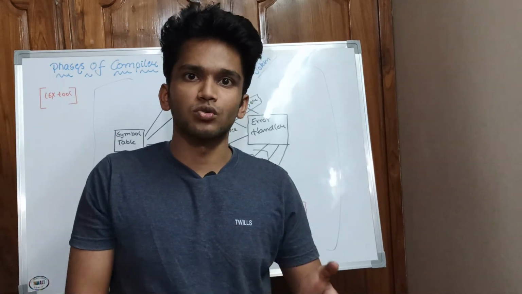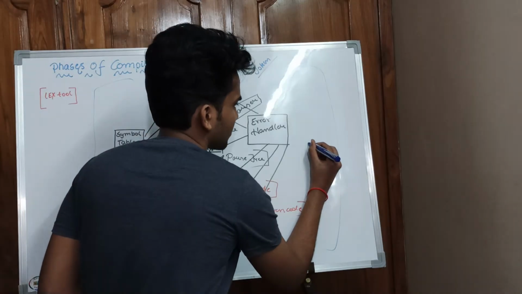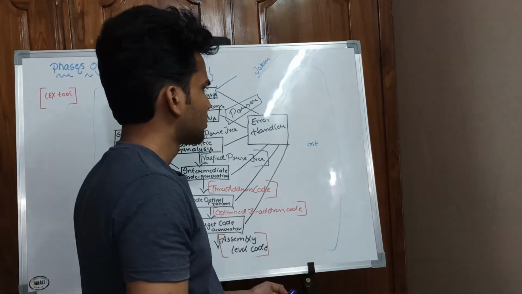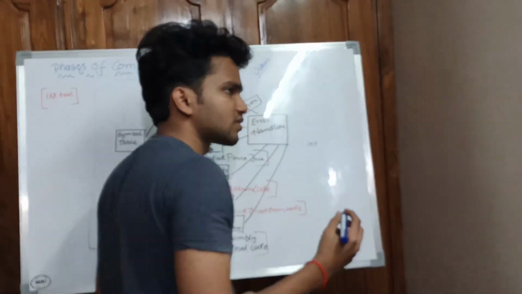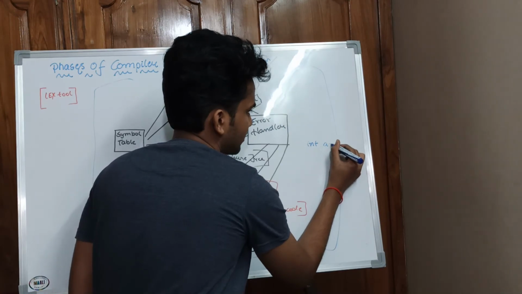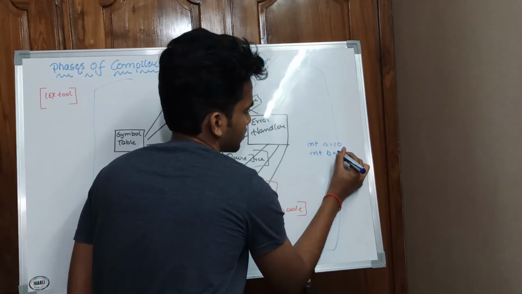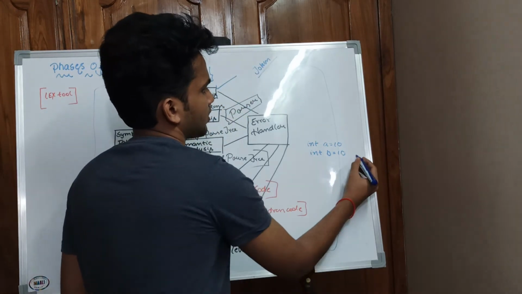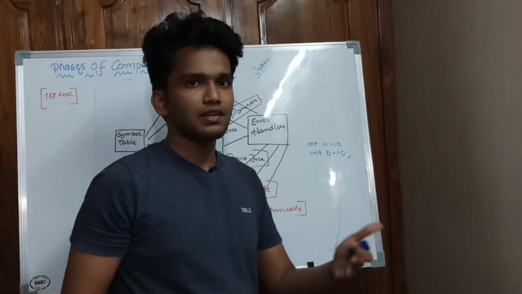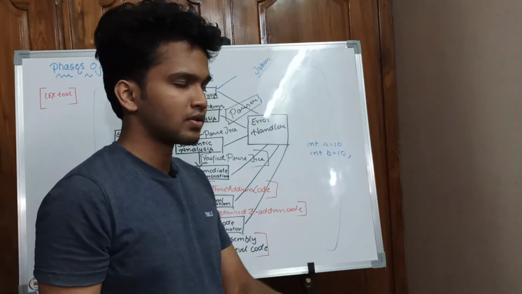Suppose a C code, I am taking a C code for the sum of two numbers: int a is equal to 10, int b is equal to 10. I have taken two numbers and I will add them. That's the normal logic for printing the sum of two numbers.